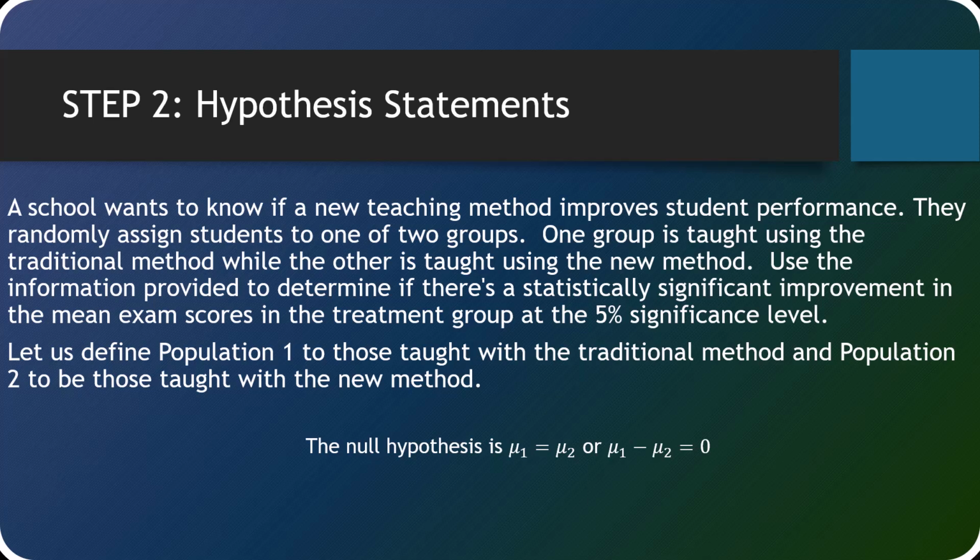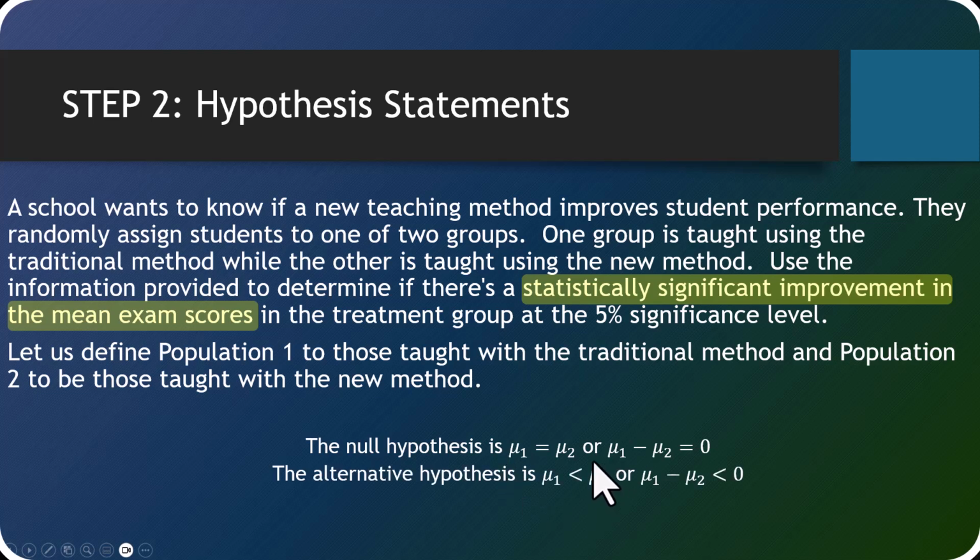Okay, so we have our null hypothesis. So then, remember, we want to look for that key phrase in this problem that tells us what our alternative hypothesis is going to be. It asks if there is a statistically significant improvement in the mean exam scores, meaning that we think that the average of the second group, the treatment group, mu2, is going to be larger than mu1.